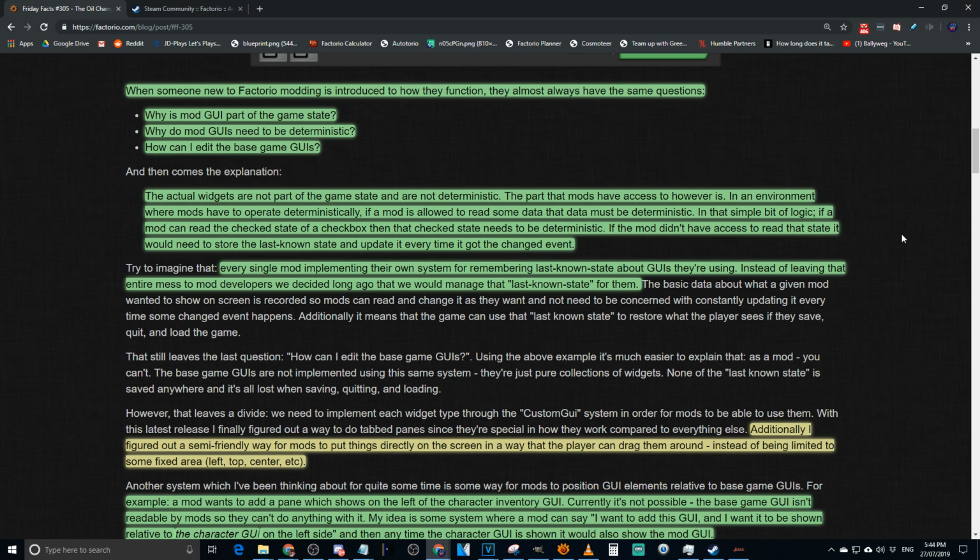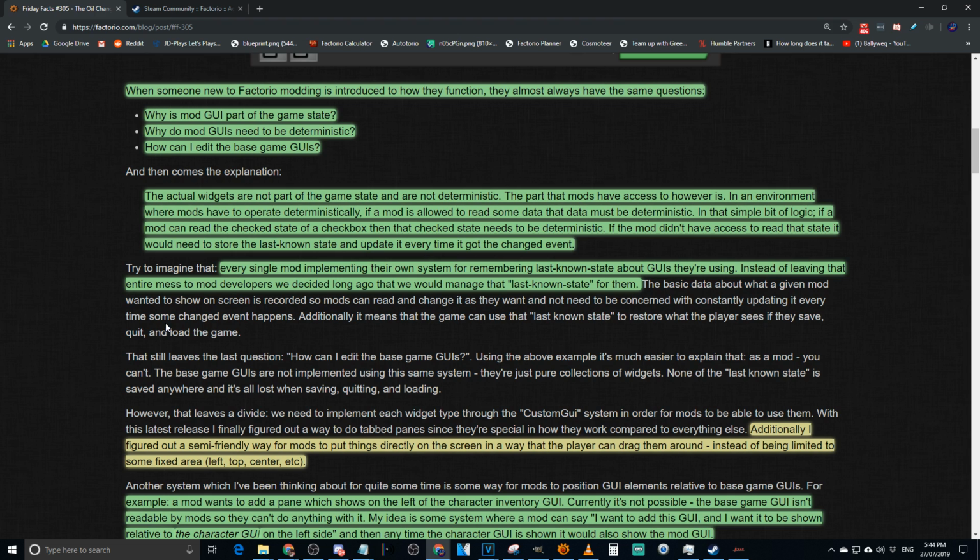They also have to figure out on their own how they're going to store all the information that's prompted, in a deterministic way. So, the other option is every single mod implementing their own system for remembering the last known state about the GUIs they were using.